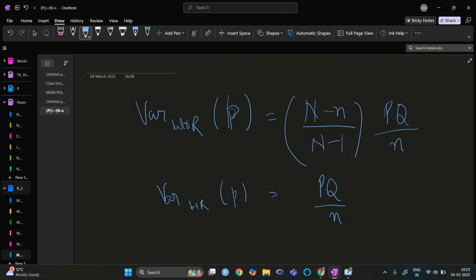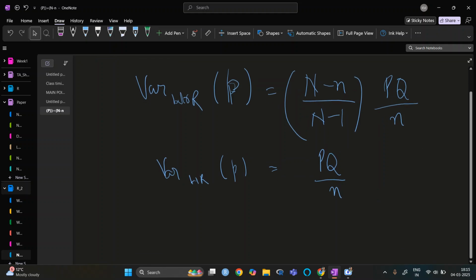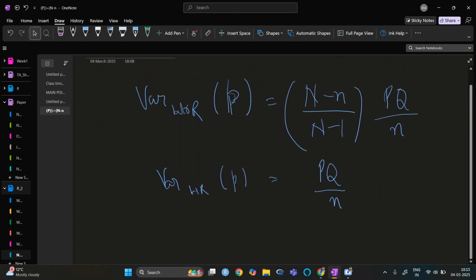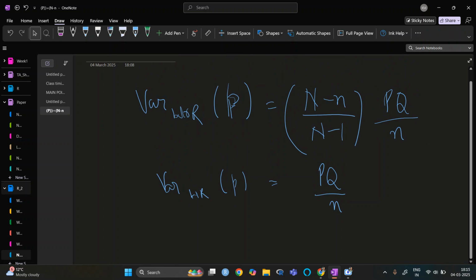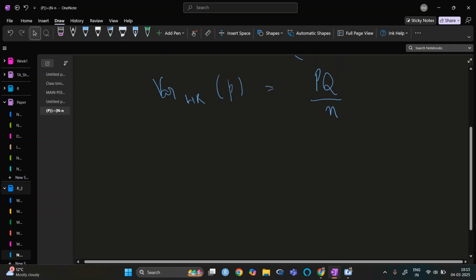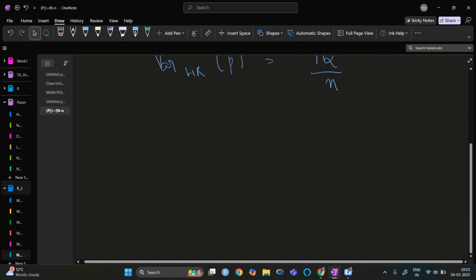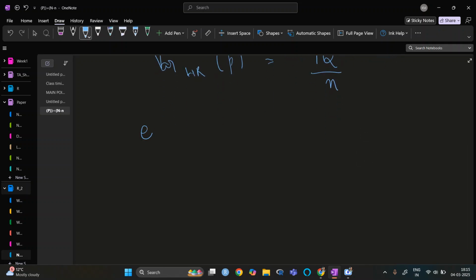Now if we want to see the estimate of variance, so these are basically the variance of this p. If we want to see the estimate of p under these conditions, these can be given by the variance.